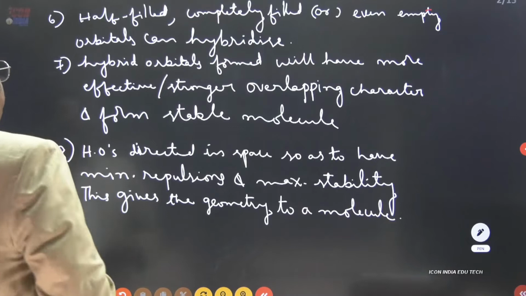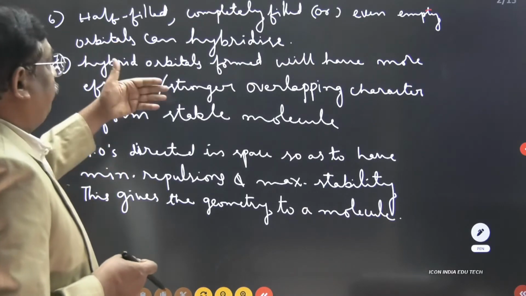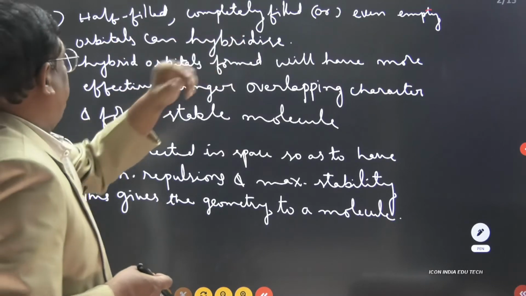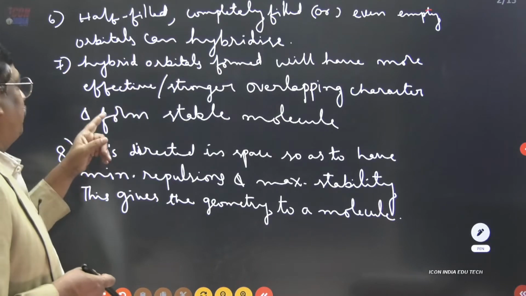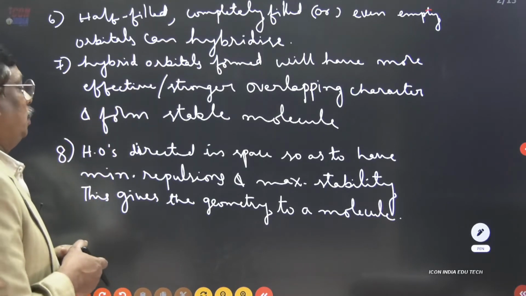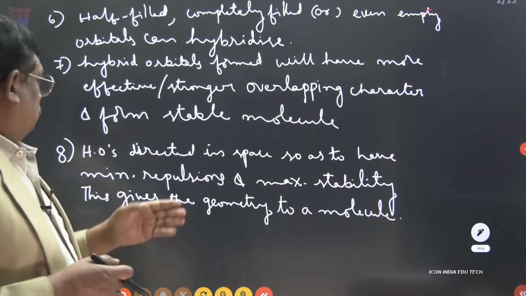Then what type of orbitals can hybridize? Half-filled, completely filled, even empty orbitals can hybridize. Hybrid orbitals formed will have more effective or stronger overlapping character and form stable molecules.